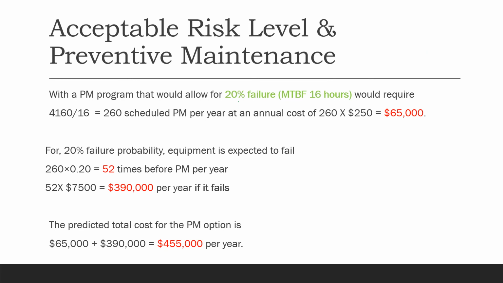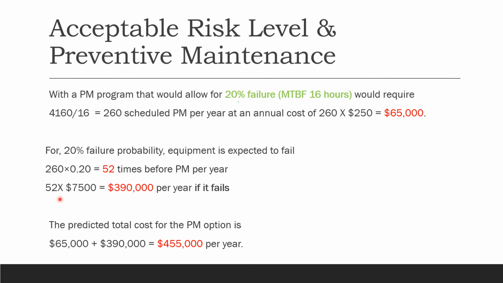So if you do the regular maintenance by running the preventive maintenance 260 times a year, you will be spending only $65,000 and your system will be running with a 20% failure rate. For 20% failure probability, equipment is expected to fail only 52 times a year. So 260 times 0.20 is equal to 52 times.